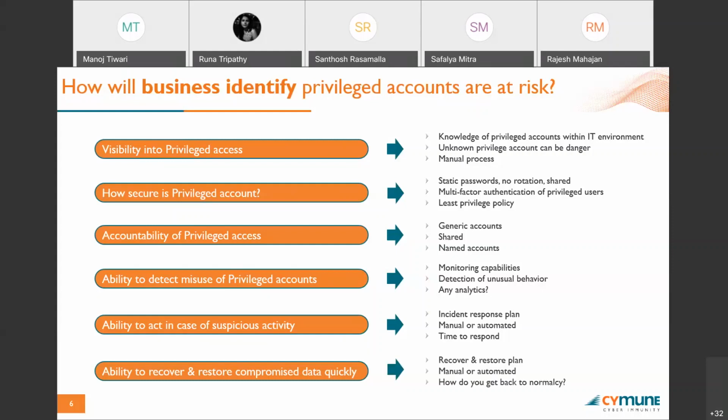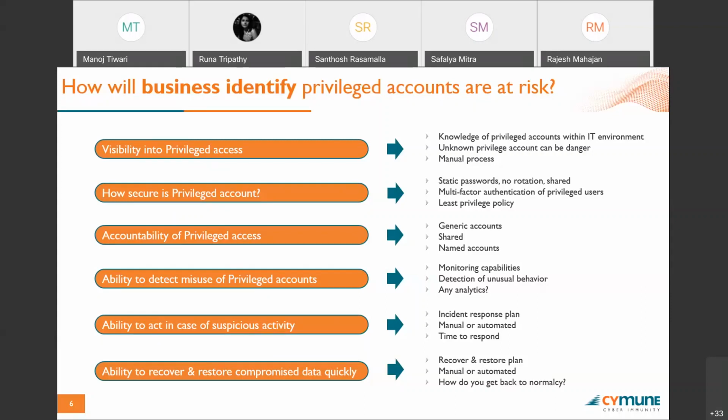And next, what happens if your data gets compromised? Do you have any recovery plan in place? Or do you have a mechanism to restore back the data in case the data has been compromised or stolen? And if an attacker manages to change the privileged account password, the admins can be logged out of their system.